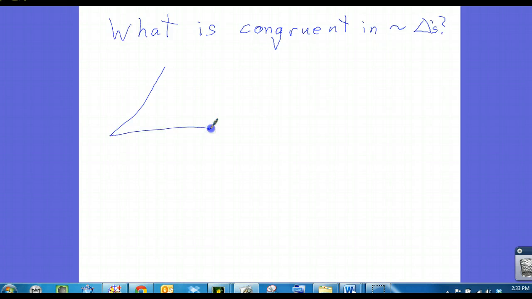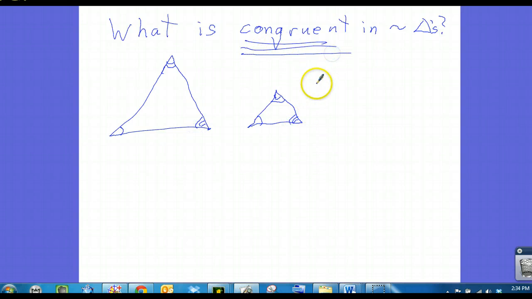Well, if I have this triangle and then this triangle, these two angles are congruent, these two angles are congruent, and those two angles are congruent.